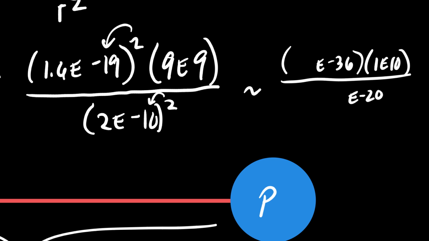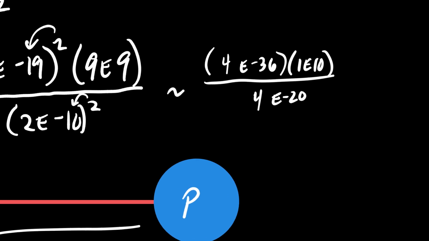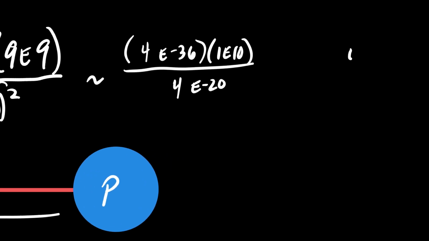Now, the truth is, 1.6 squared, that's just a little bit less than 4, right? So I'm just going to put a 4 in here. And 2 squared is about 4, so I'm going to put a 4 here. I'm doing this because your calculator doesn't lie to you, but it gives you a false sense of your answer. If you really want to know what to do now, just add the exponents that are on the top and add the exponents that are on the bottom, and then subtract them.